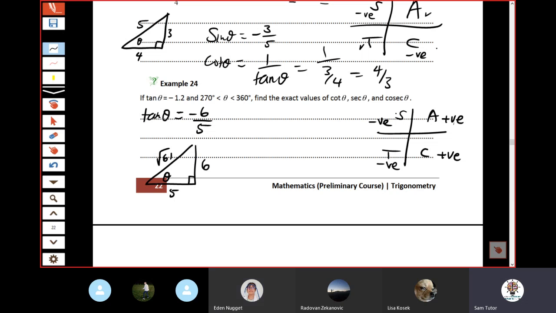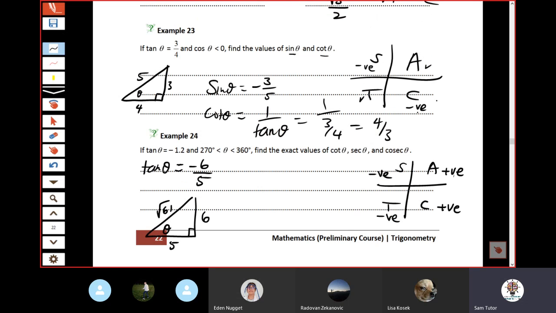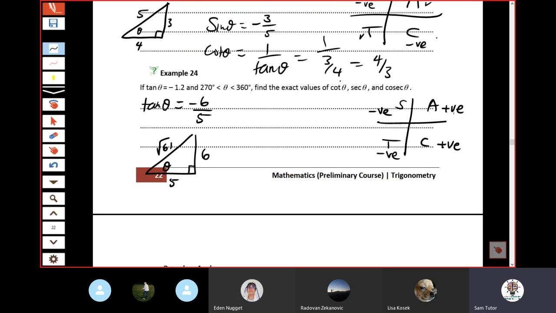And then what about sine? Sine is negative. If cos is positive, isn't it usually sine and tan that are negative? Same as this one. Tan was positive, so therefore sine and cos were negative, but you just got to work it out.